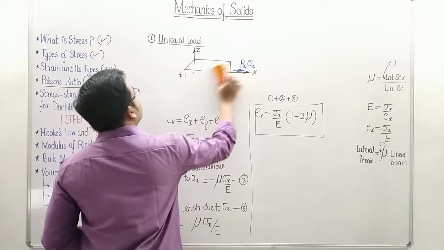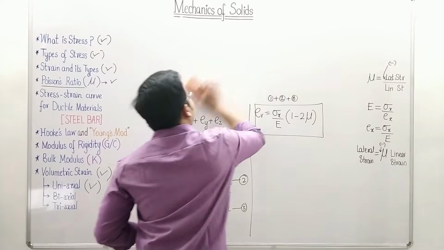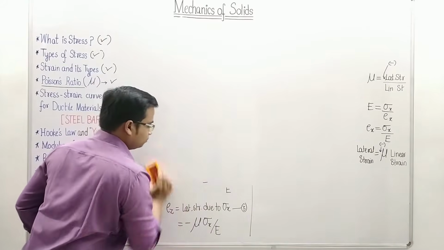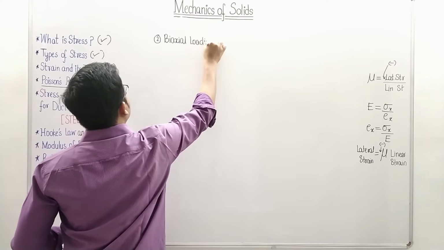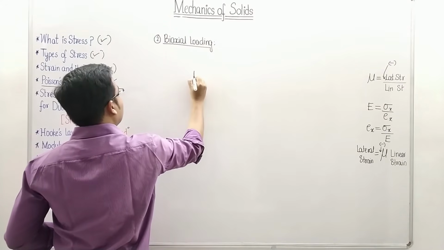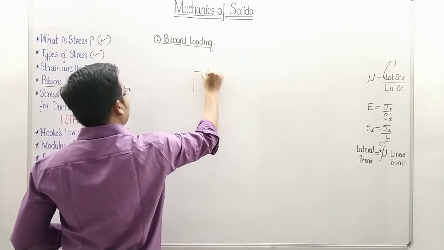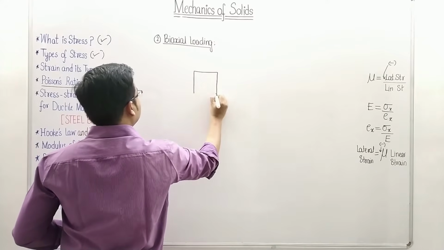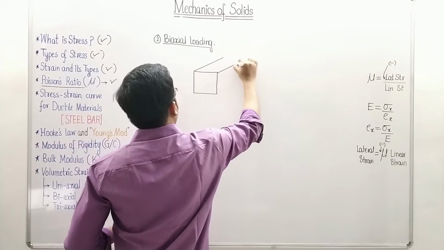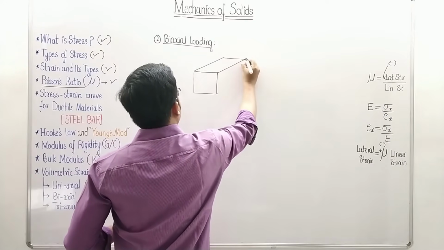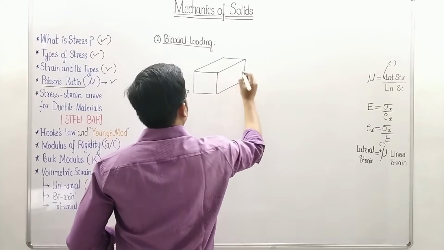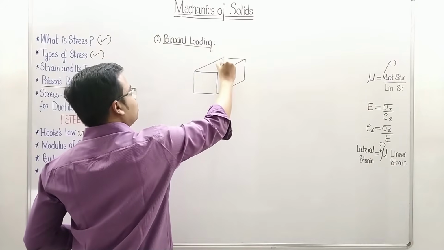Okay, now let's take this session forward and try to do the same for a biaxial loading. Again, let's have the same object, a cuboid, but here the load will be applied along two directions.